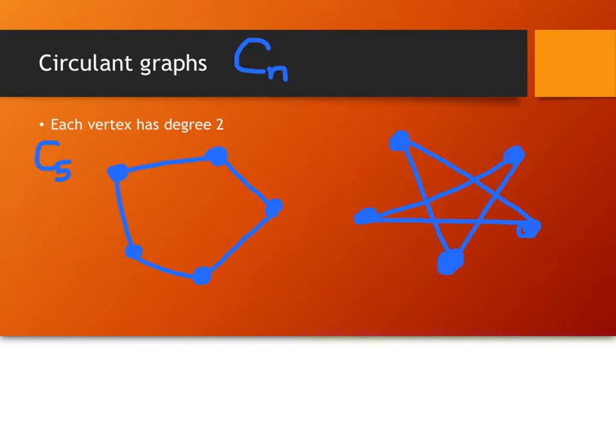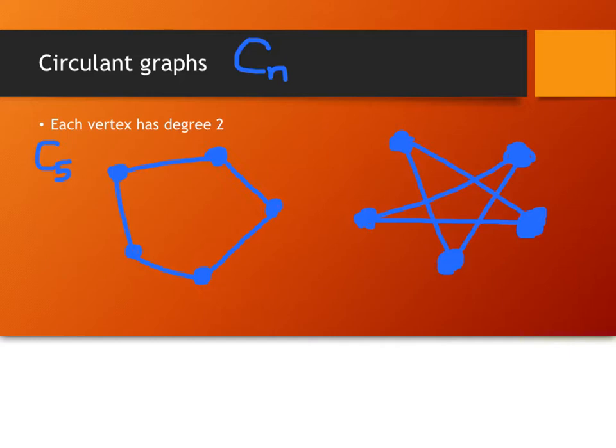Obviously, every single vertex again has degree 2. There are 2 points connected to every vertex. And I'm claiming that this graph on the left is actually the same as the graph on the right.